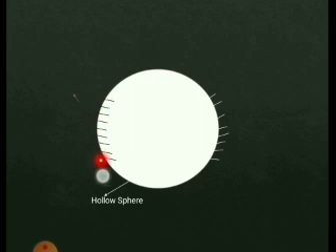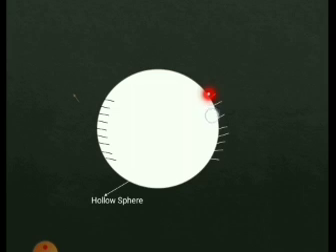In this portion I have indicated, it is acting as a convex mirror. Here the reflecting surface is outward, and inside it is acting as an opaque medium. Whereas over here, the outside portion is acting as an opaque medium, and inside this sphere it is acting as a reflecting surface.